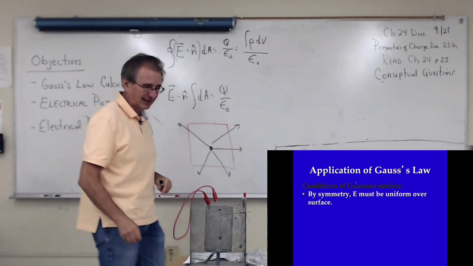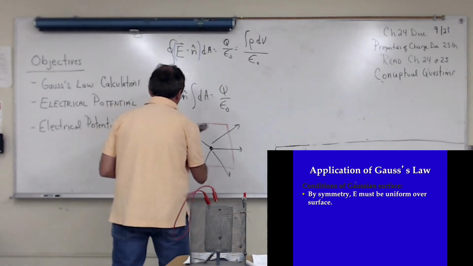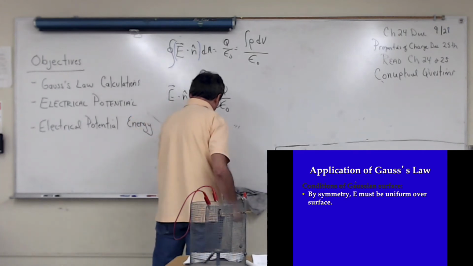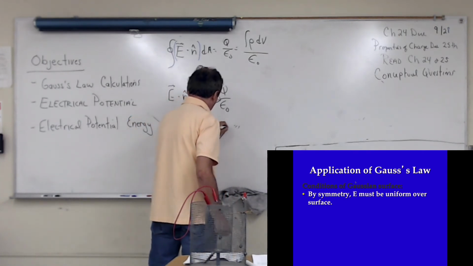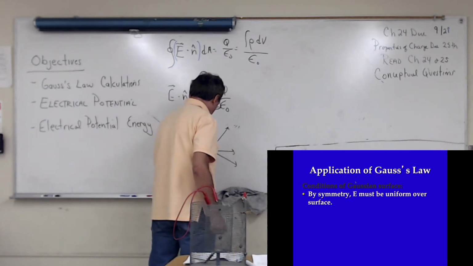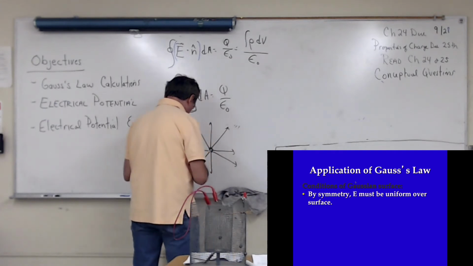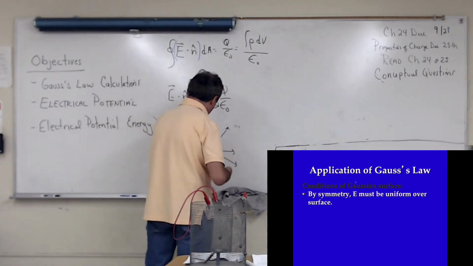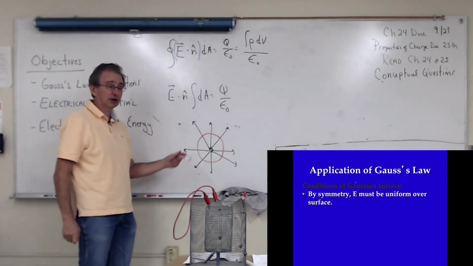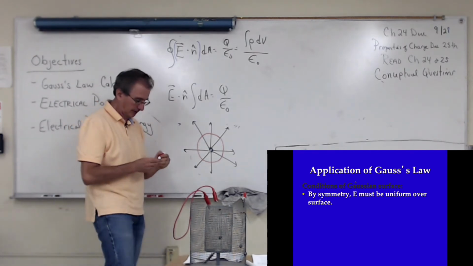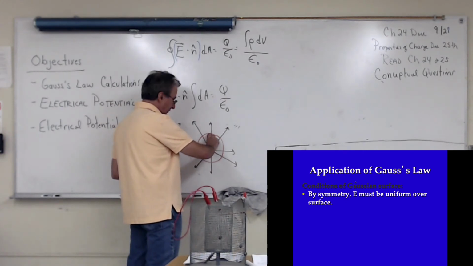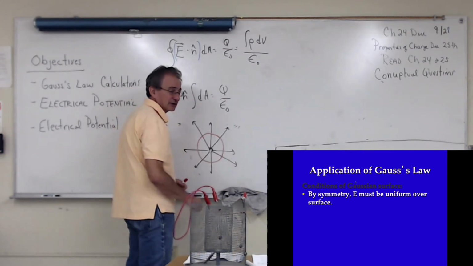However, if I drew a sphere, that's different. If I draw a sphere around that charge, with the charge at the center of the sphere, then the distance from the center, where the charge is located, to the surface of the sphere is the same.